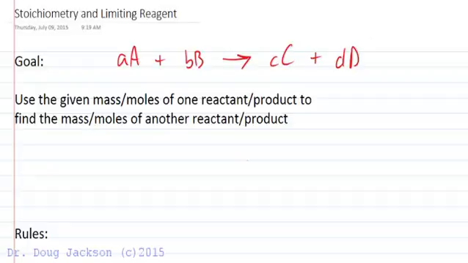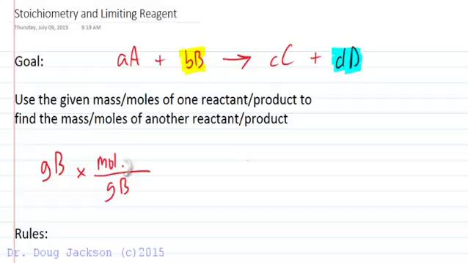So let's say that we're given the amount of reactant B and we are looking for product D. Okay, so we would start with grams of B, and we would want to get rid of grams to convert to moles. Okay, so when that happens, we use the molar mass as our first conversion factor.